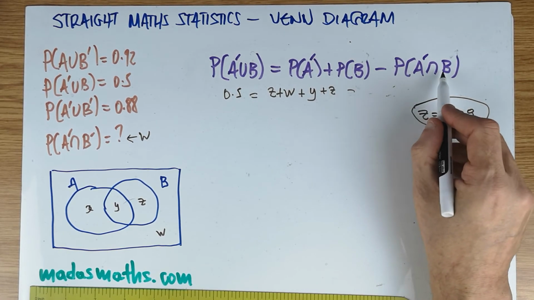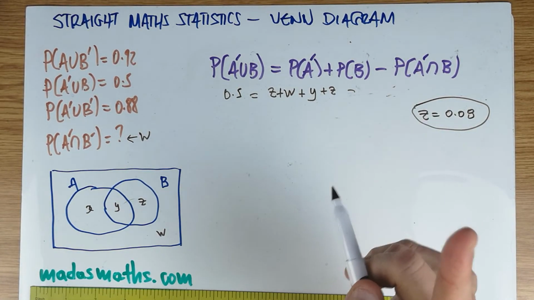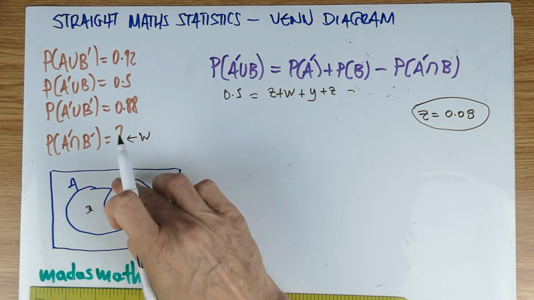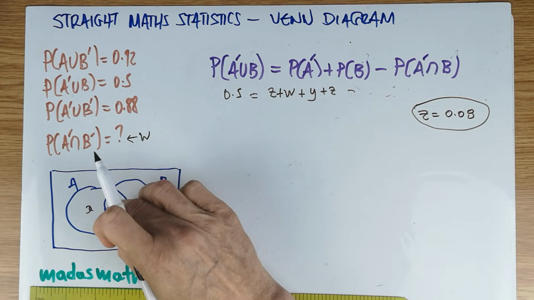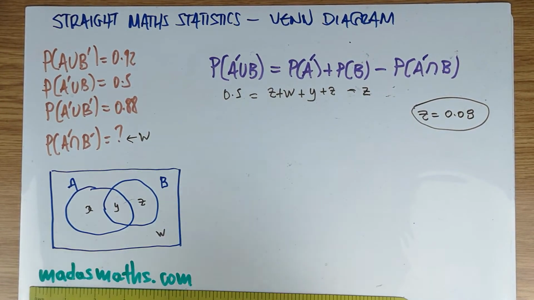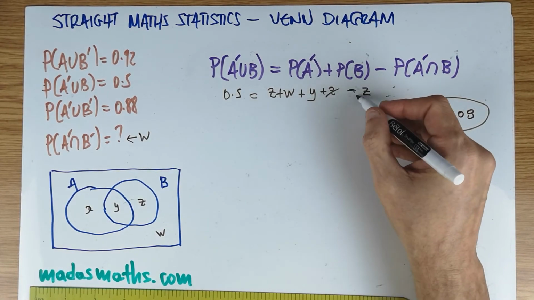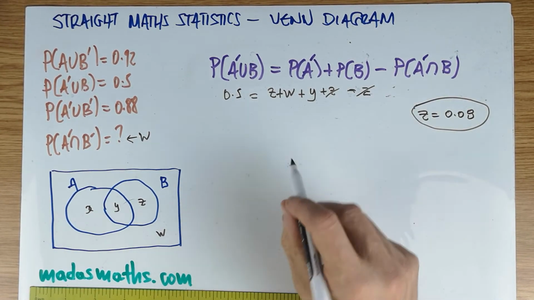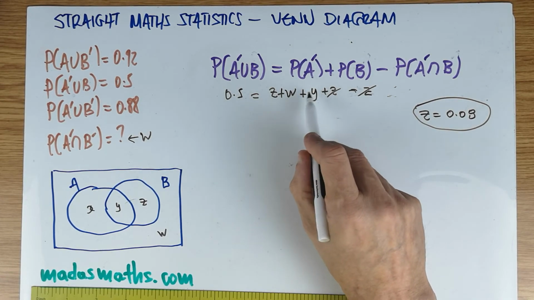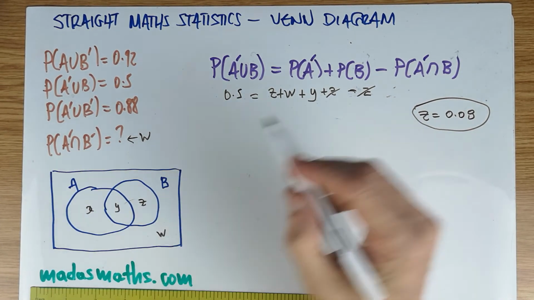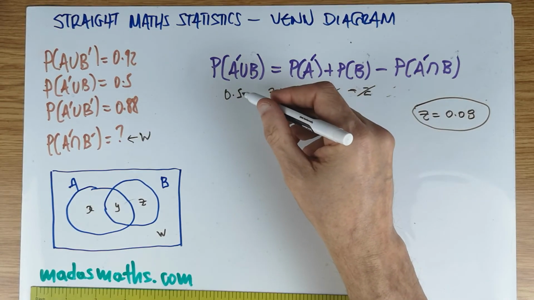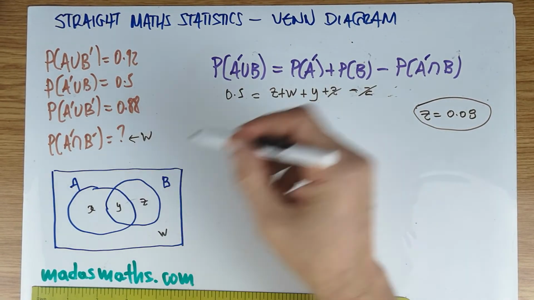Let's attempt to read it backwards. Look, I'm a B, and don't you think I'm an A? I'm a B, so I'm one of these guys, but I'm not an A. So it's just, of course, a z. And if you see what happens in there, the z's will cancel. And again, we have three quantities: z, w, and y, and therefore the rest makes up the 1, and these three quantities add up to 0.5.